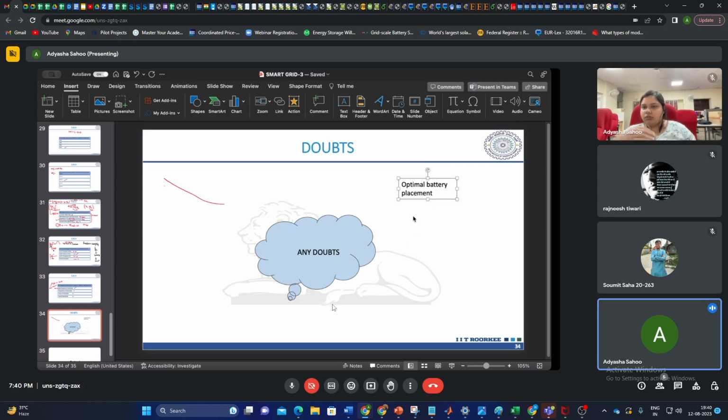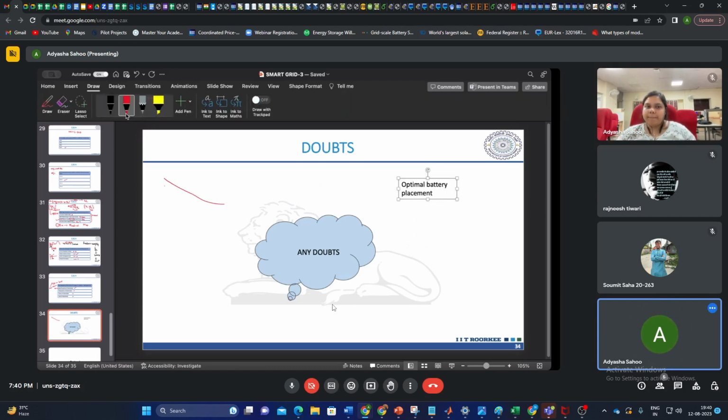So basically, what happens is for a given system, let's say we have a radial network here with some buses.